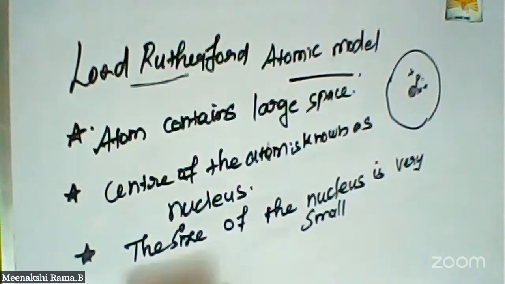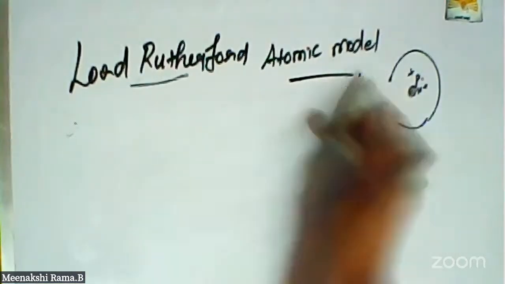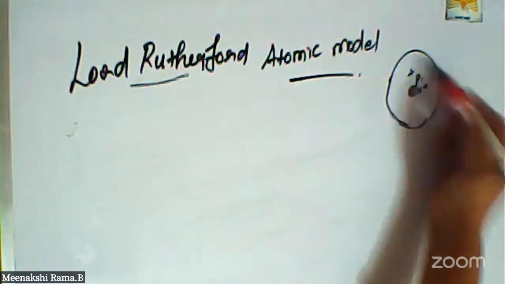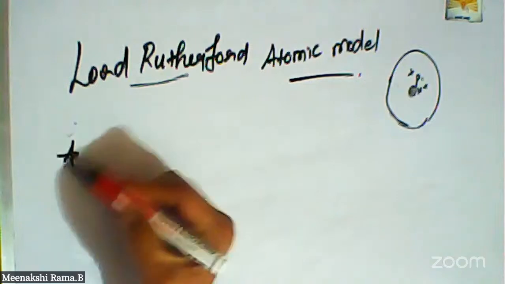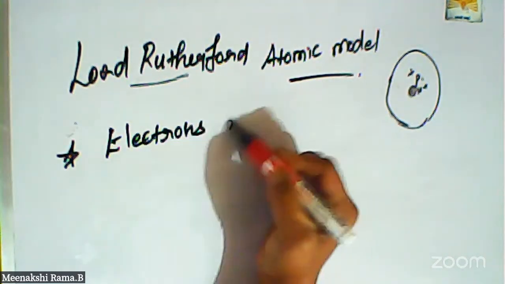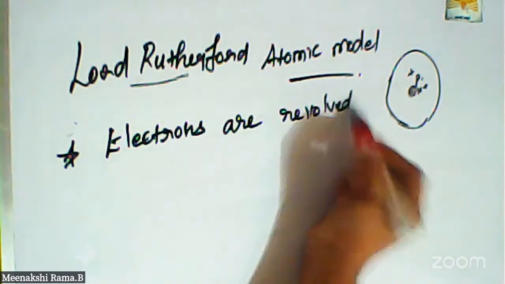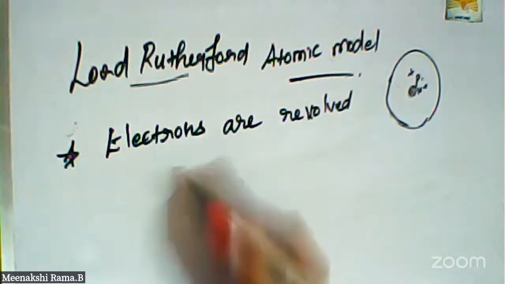Protons and neutrons are in the center part, and the electrons are revolving around them. So the fourth point, electrons revolve around the nucleus, is also a conclusion of the Rutherford atomic model.